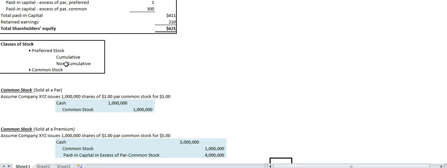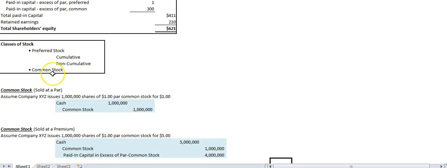The negative is that the price of the stock does not fluctuate greatly. So if a company does really, really good, the common stock is going to increase a lot more than the preferred stock. The preferred stock will act like a bond because it has a fixed payment of $4 per $100 in the example that I showed you. So that's not going to change, and so the value of the preferred stock is not going to shoot up.